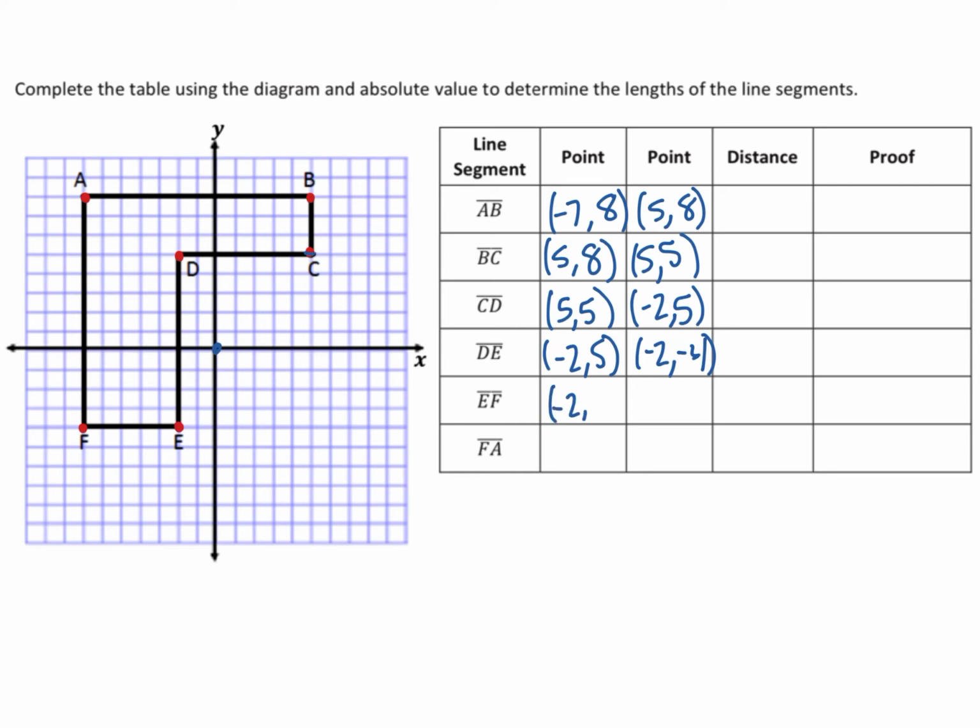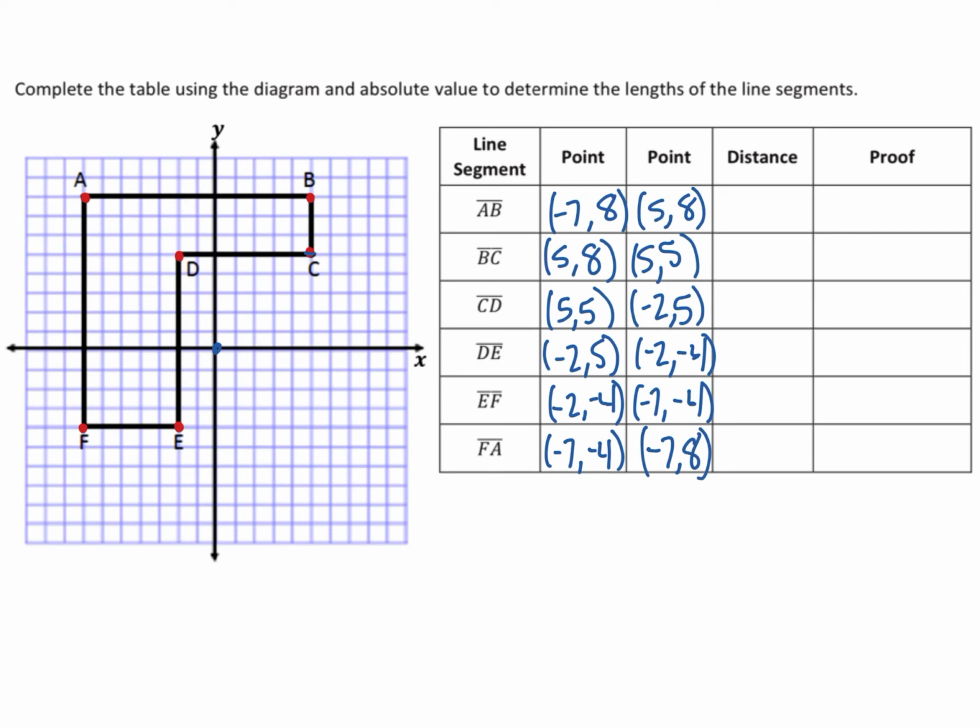E is also used here. And F. F is left 1, 2, 3, 4, 5, 6, 7, and down 4. And A, we use that's at the beginning point, negative 7, 8, that first one that we did.